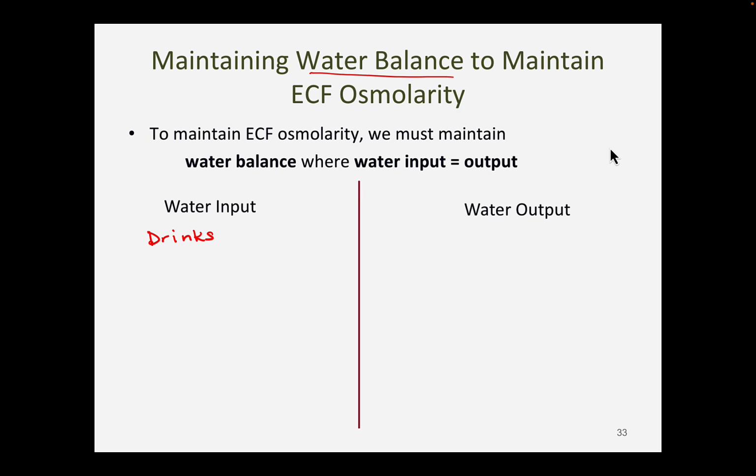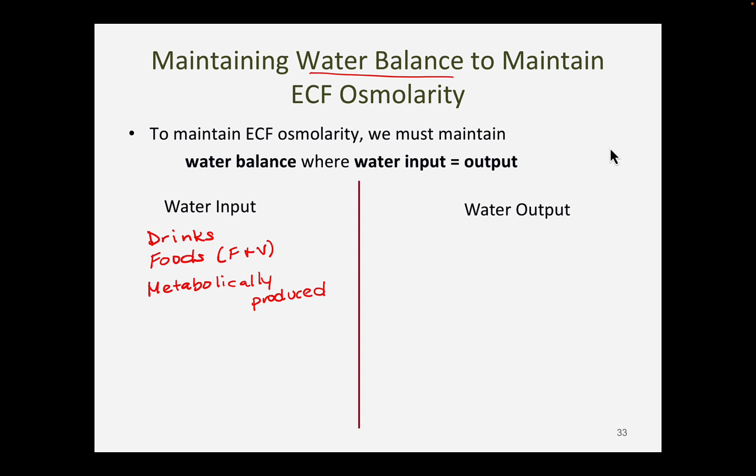We also get water from our foods, quite a bit actually, especially foods like our fruits and vegetables. They're very high in water. We also metabolically produce water. So during our cellular respiration, we are going to generate some water.